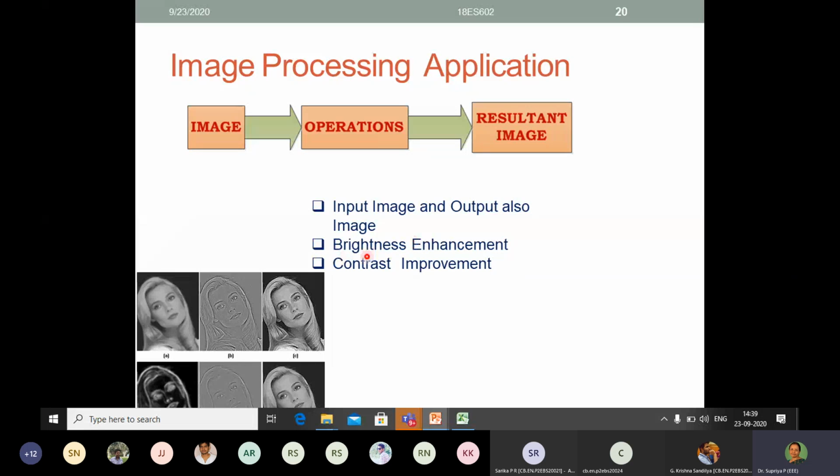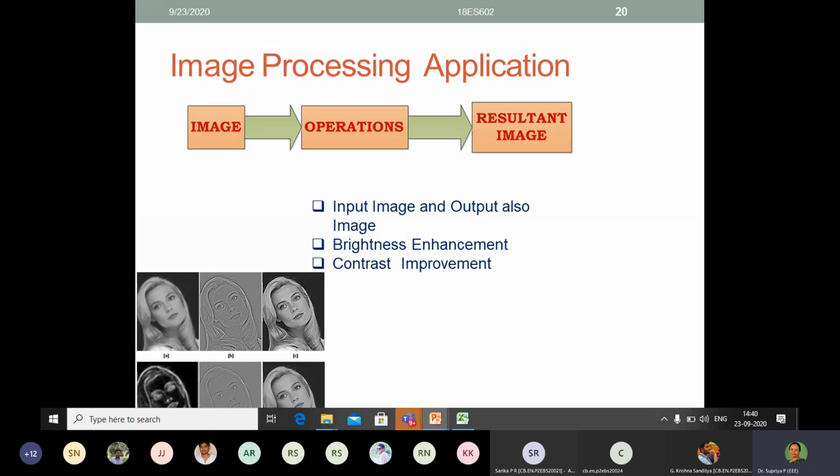And the only implementation that we would have done would be either we would have increased the brightness, or we would have removed the contrast, or increased the contrast, etc. You could see some of the examples which are shown. Could contrast improvement also be an application?